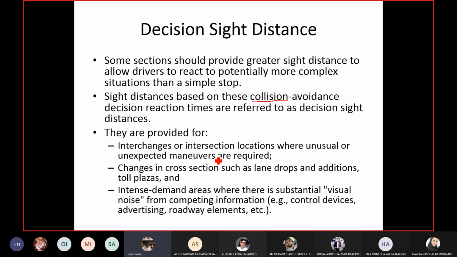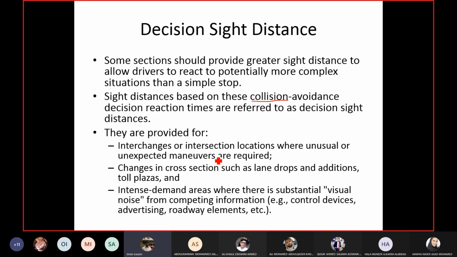Then there are locations where you have changes in the cross section of the road. For example, the number of lanes is changing; they are increasing or decreasing. This is very commonly experienced nowadays because there are a lot of construction activities on the main roads of Bahrain. It was happening on Sheikh Salman Highway; it is almost finished.